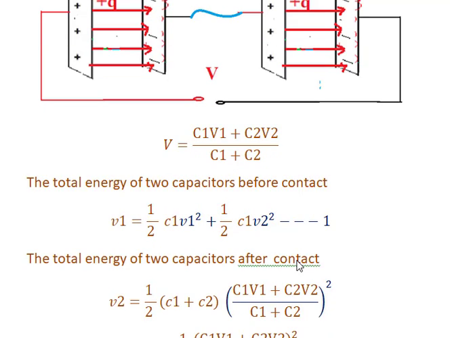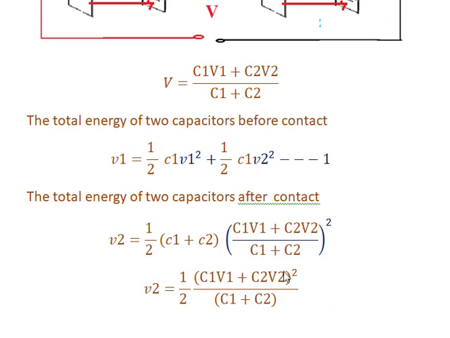The total energy of the two capacitors after connecting by a wire, after contact, is given by U2. U1 is the total energy before contact and U2 is the total energy after contact. So we have half of (C1 plus C2) into ((C1 V1 plus C2 V2) by (C1 plus C2)) whole square.